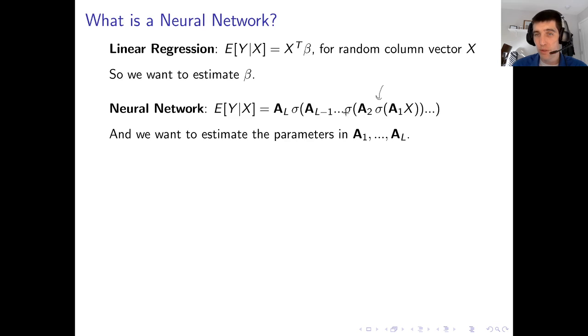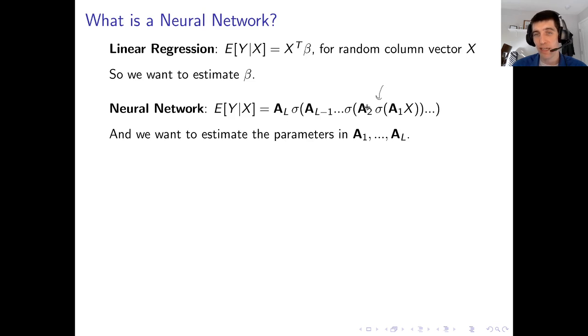If we were to remove these activation function applications, then the expected value of y given x would be a string of matrix multiplies. We could collapse the matrix multiplies into something which would be just estimating beta, just multiplying all those pieces together. We can combine it into a single linear operation.